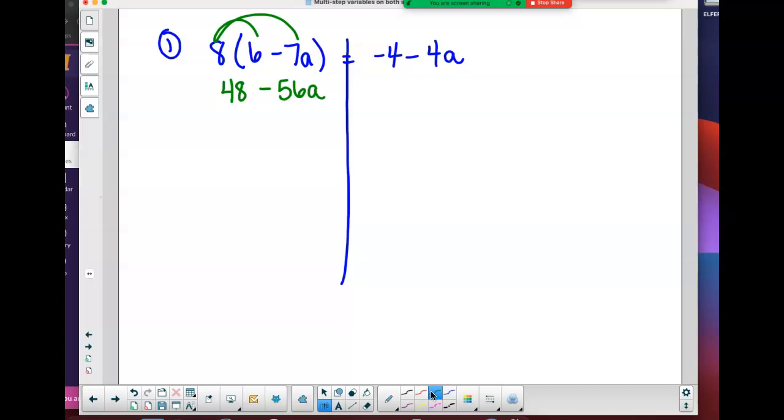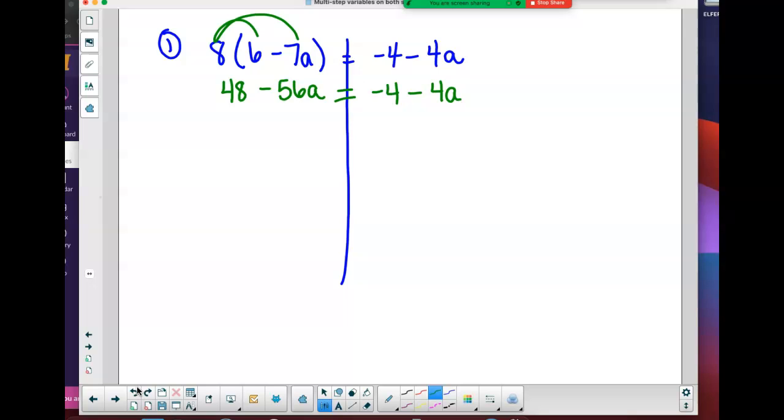Can I simplify anything else? No, I can't combine any terms on either side. All right, so we've got 48 minus 56a equals negative 4 minus 4a.